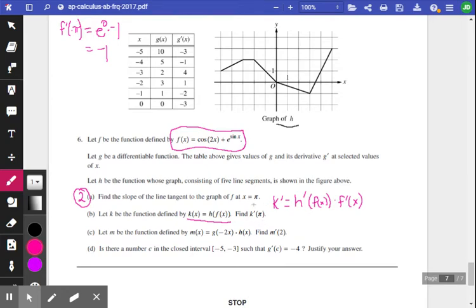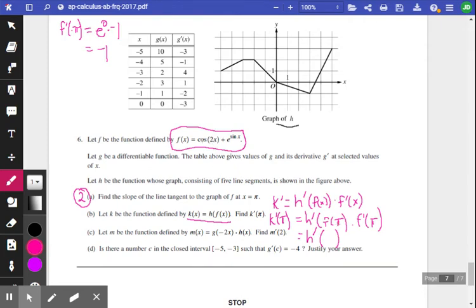Okay. So here's the derivative of k. Now we got to plug in pi. So k prime of pi is going to be h prime of f of pi times the derivative of f at pi. So for h prime of f of pi, we're going to have to find out what is f of pi. So I'm going to have to plug pi into f.